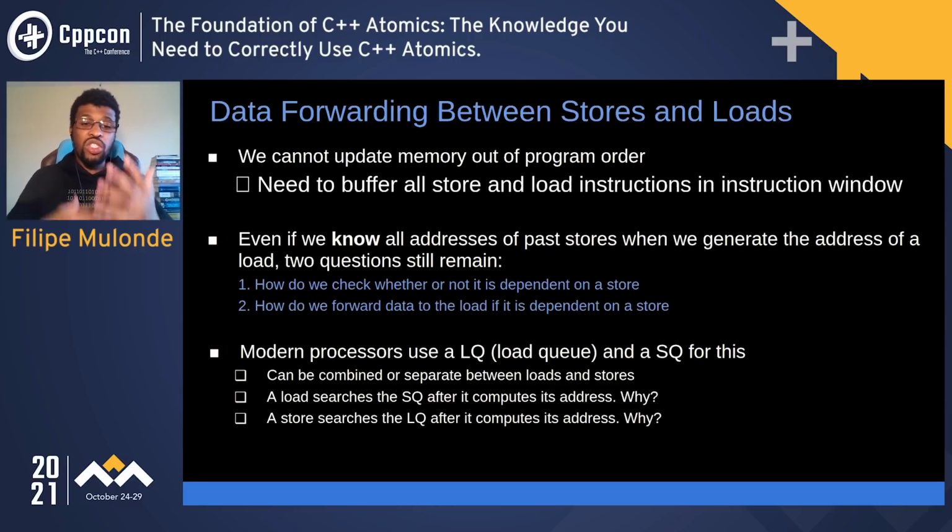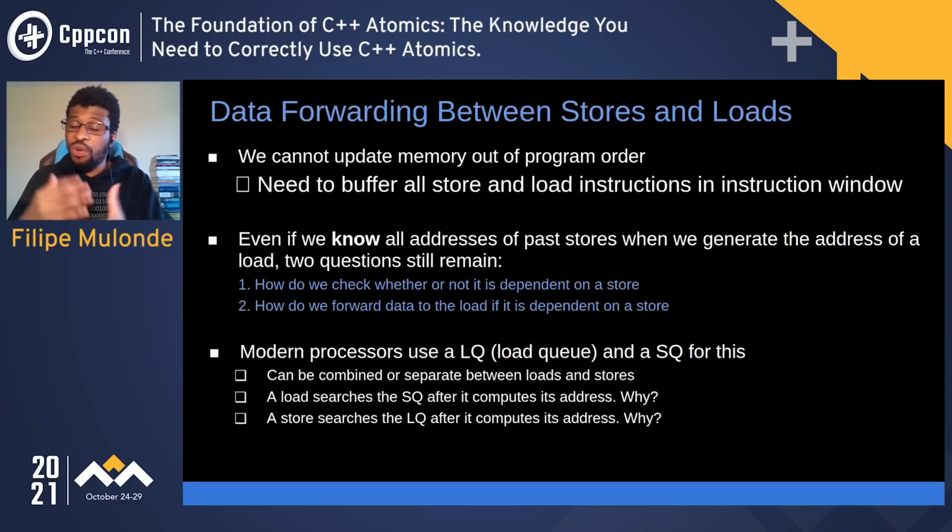A store searches the load queue after it computes its address. Why? Here we are assuming that we are using the predict approach, because here we are using prediction. And if we predict that a load is not dependent on a previous store, we need to check somehow if the prediction is right or wrong.